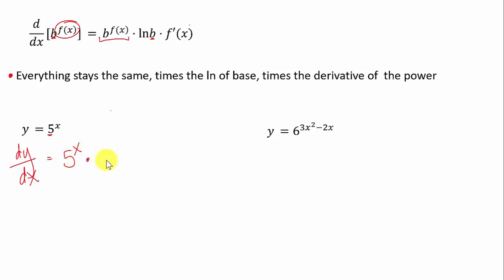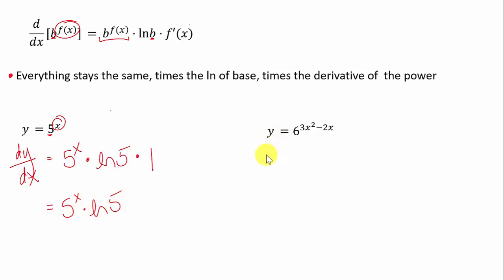Then we're going to multiply by the natural log of whatever the base is, which in this case is 5. And then we're going to multiply again by the derivative of the power. In this case, when I take the derivative of x, I just get 1, and 1 times all of this is just all of this, so I don't have to rewrite it. So for this one, I would write 5 to the power of x times the natural log of 5. And there's not really a pretty way to write that, so I do like to keep the dot there.